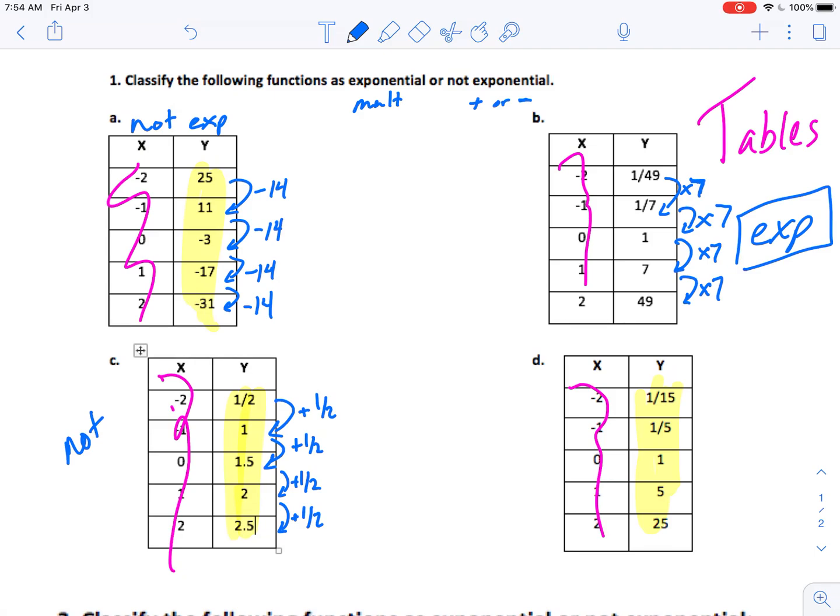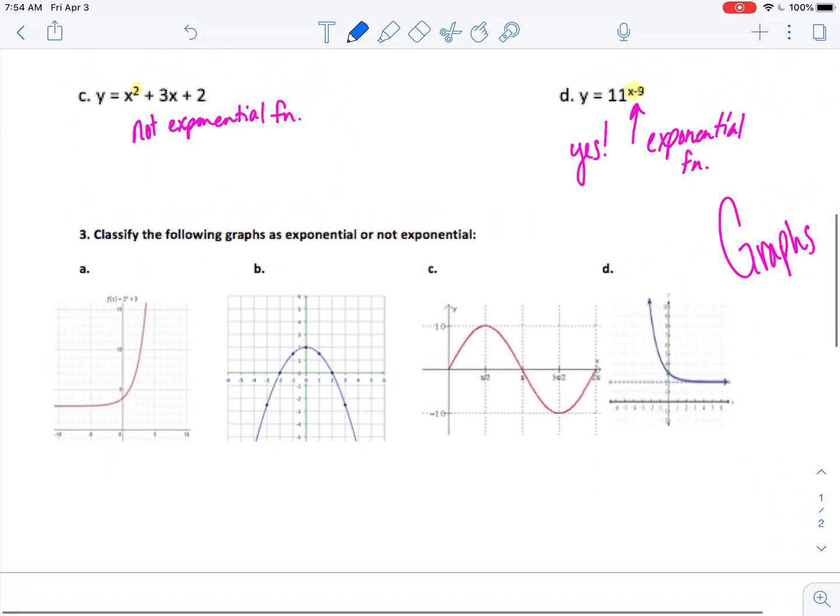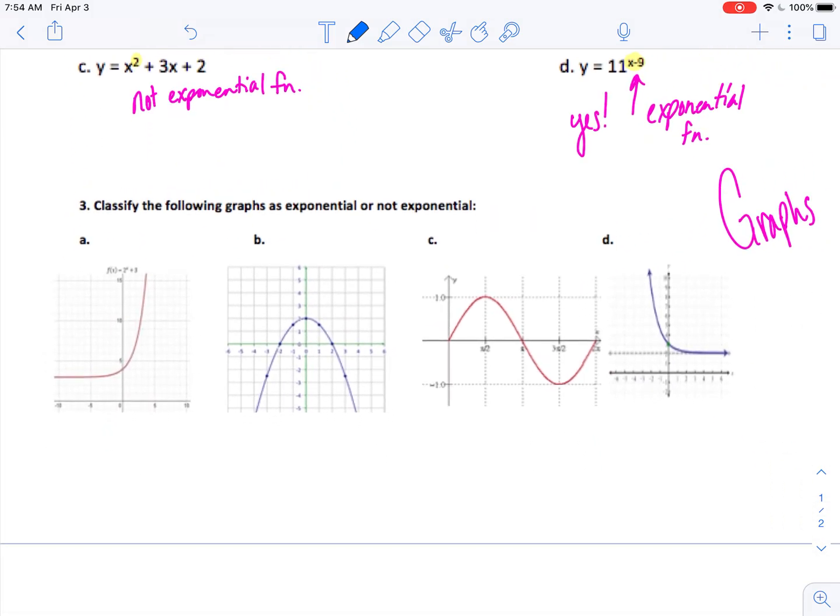So this is adding the same thing. So since I'm adding and not multiplying, I'll say that this is not exponential. And this last one here, I'm multiplying by 5 every time. So 1 times 5 is 5, times 5 is 25. And if you were to check that for these top two numbers, that would keep working. So this one here is an exponential function.